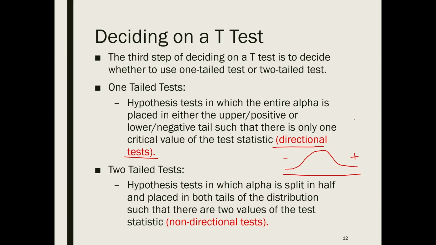Now on the other side, we also can have the 2-tailed test. It is what we call the non-directional test, because the t-test can go either way, and it is used for questions where we don't know which direction is correct, or we don't assume which direction is the way.